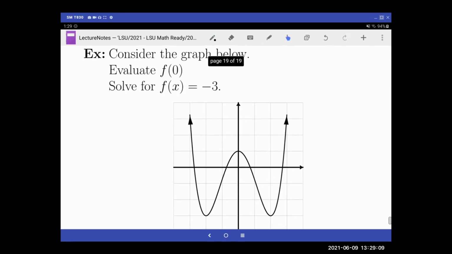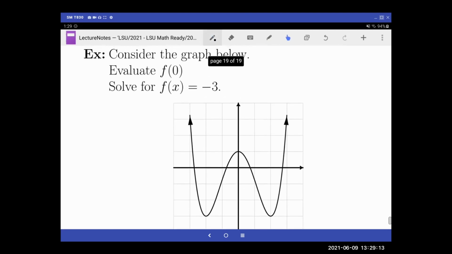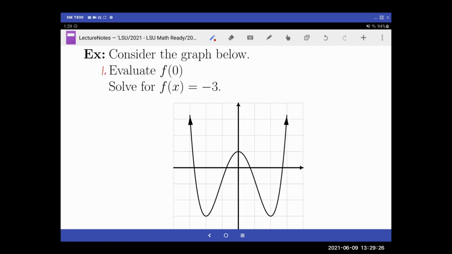So here's a graph. I want to use the graph to answer these two questions. Evaluate f of 0. Let's do that one first. I'm going to do it in 2 different colors. So in other words, when x is 0, what is the function value?